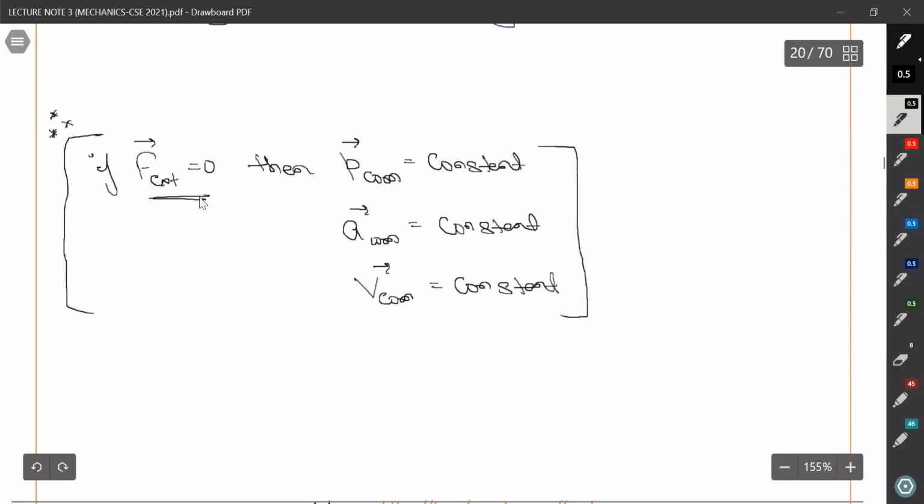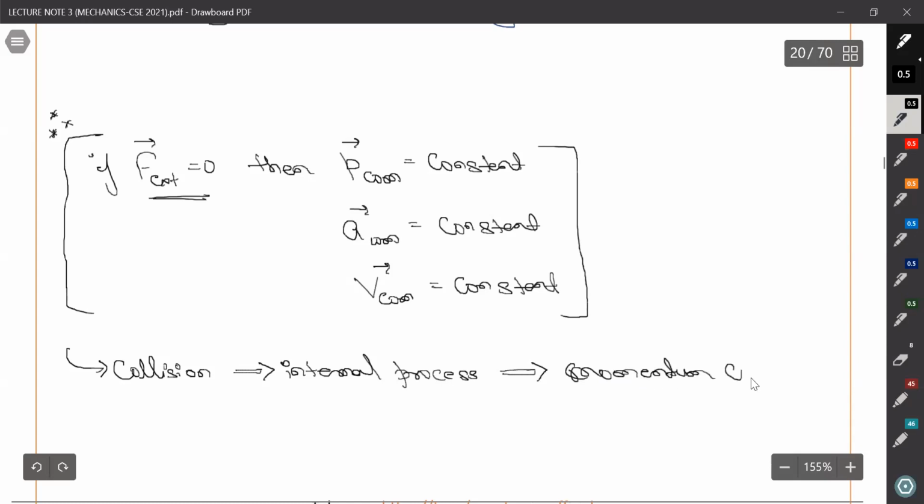And we know that collision is an internal process. We will see in coming chapters. So what? Momentum will remain conserved. So when momentum will remain conserved, V of center of mass will be what? Constant.